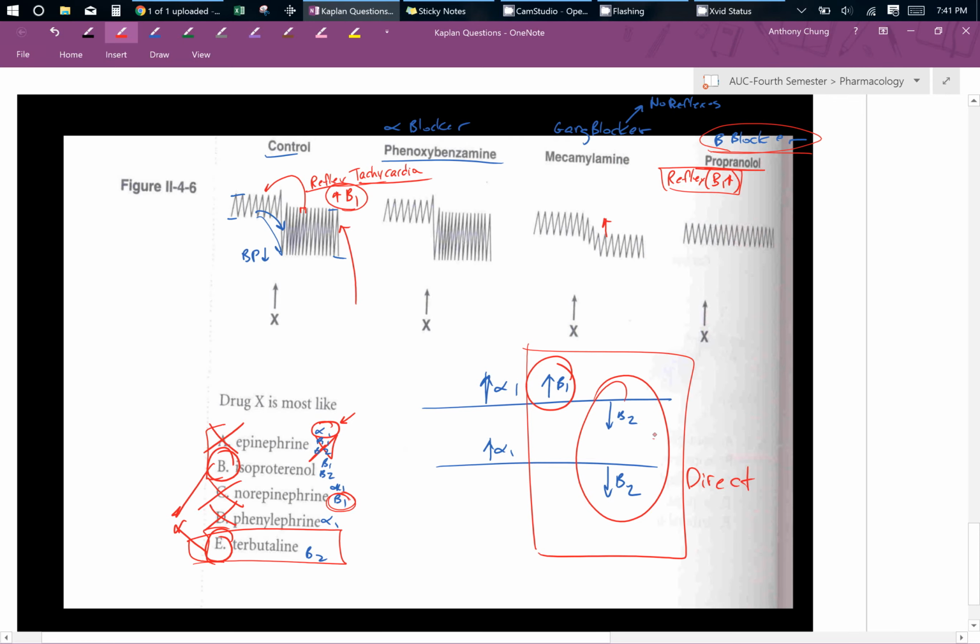So the beta 2 would do this and the beta 1 would do this. So I would expect that this one should look like this with a ganglion blocker, because in this case it's a direct action beta 1. It's not a reflex beta 1. So this one I would expect to be terbutaline.